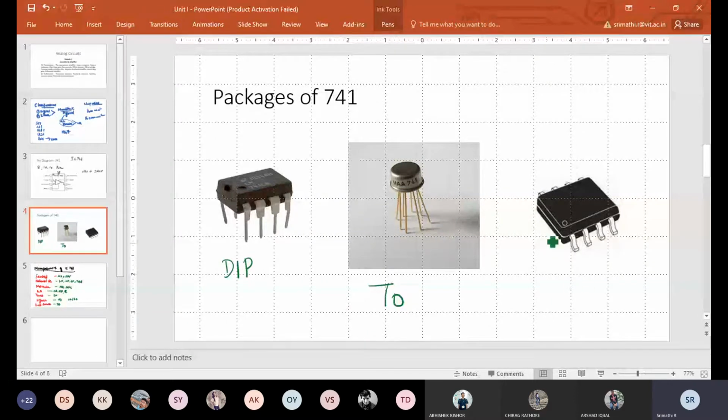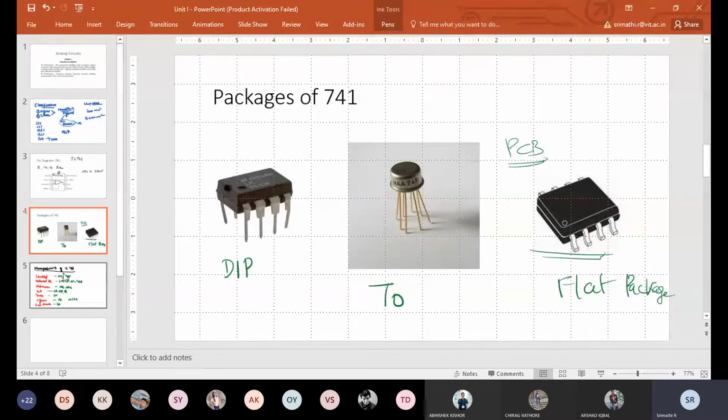And the third one is the flat package. This can be used in PCBs, printed circuit boards. This is a surface mount IC, available in a flat package.